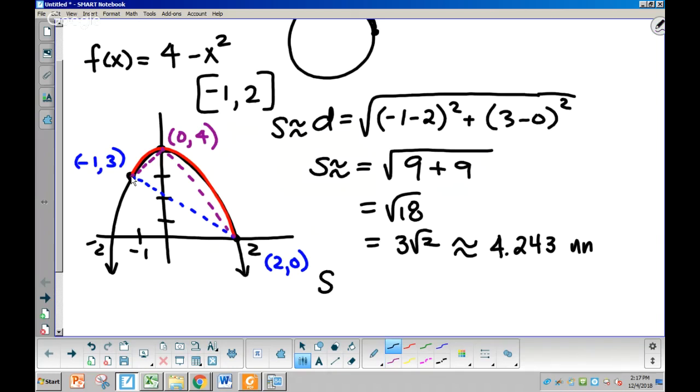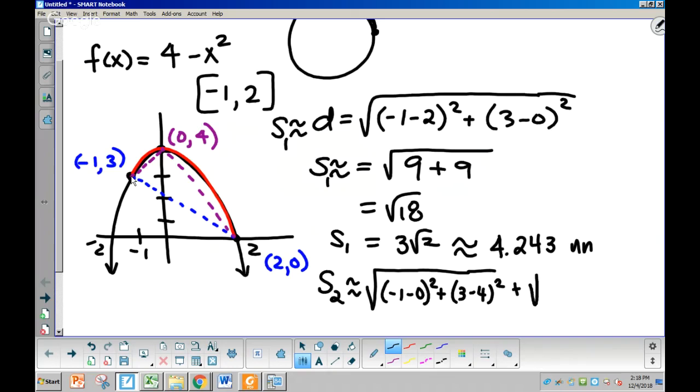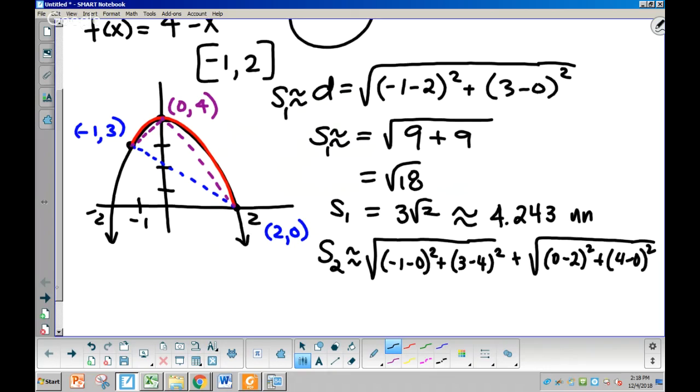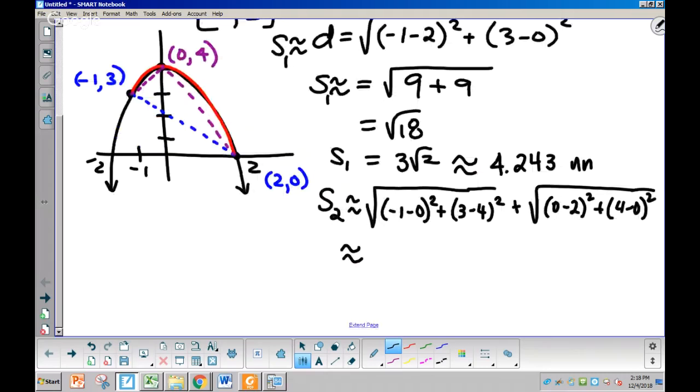So I can say the arc length estimate number 2, this is arc length estimate number 1, is approximately the square root of, okay, so now let's do the distance between this point. -1 minus 0 quantity squared, plus 3 minus 4 quantity squared, plus the square root of 0 minus 2 squared plus 4 minus 0 squared, which is approximately 1 plus 1 is root 2, plus 4 plus 16, which is 20, 2 root 5.